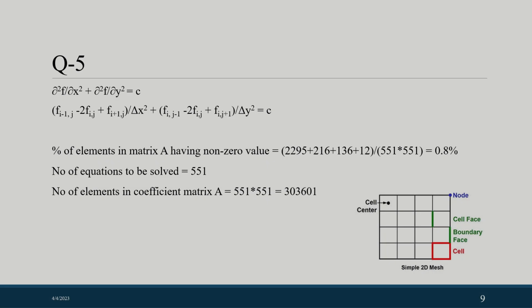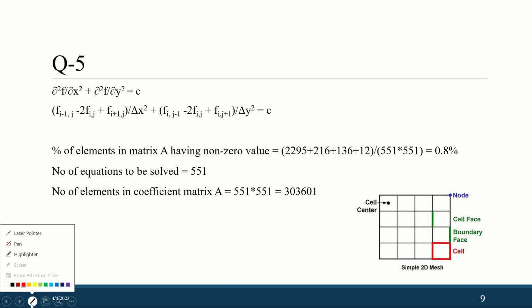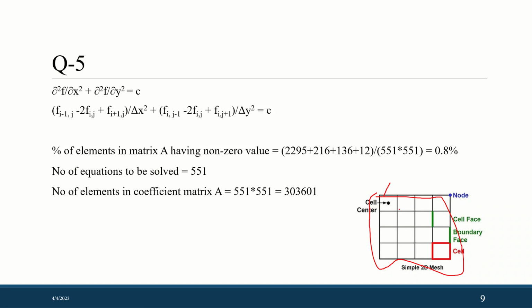So basically what I'm trying to say is, this entire outer boundary we know. The next boundary is this one. In solving these equations, if we are taking this point, we would be having this many grid points.